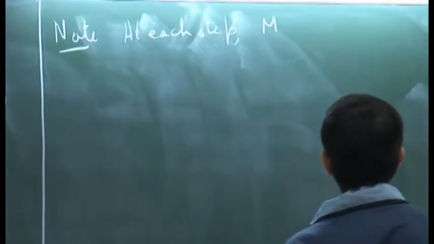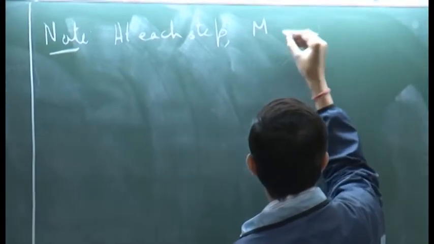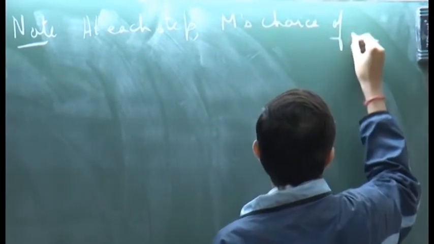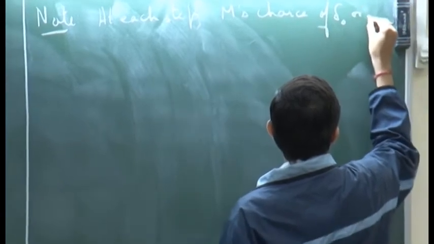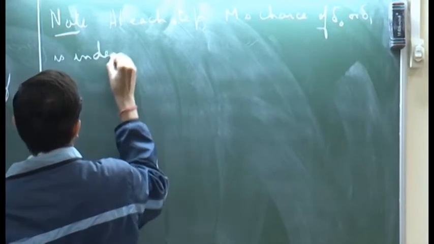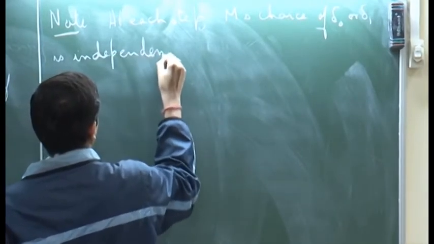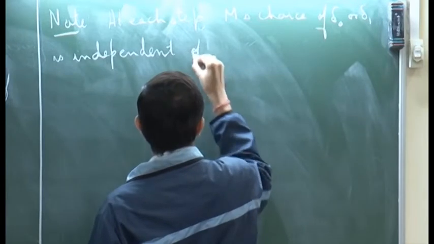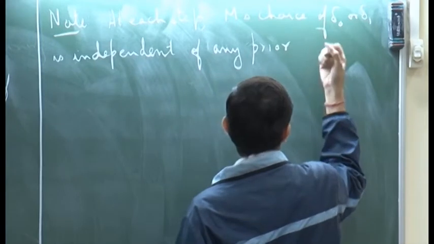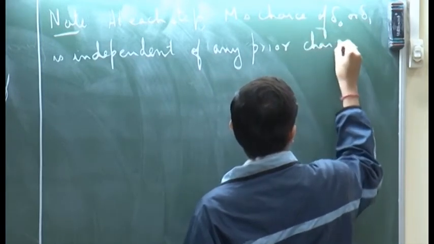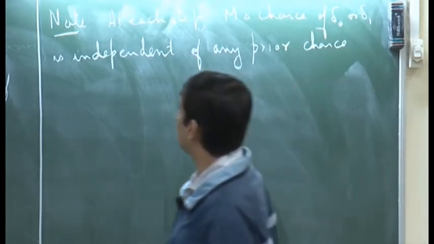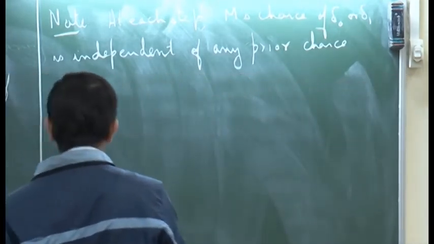M's choice of delta 0 or delta 1 is independent of any prior choice.